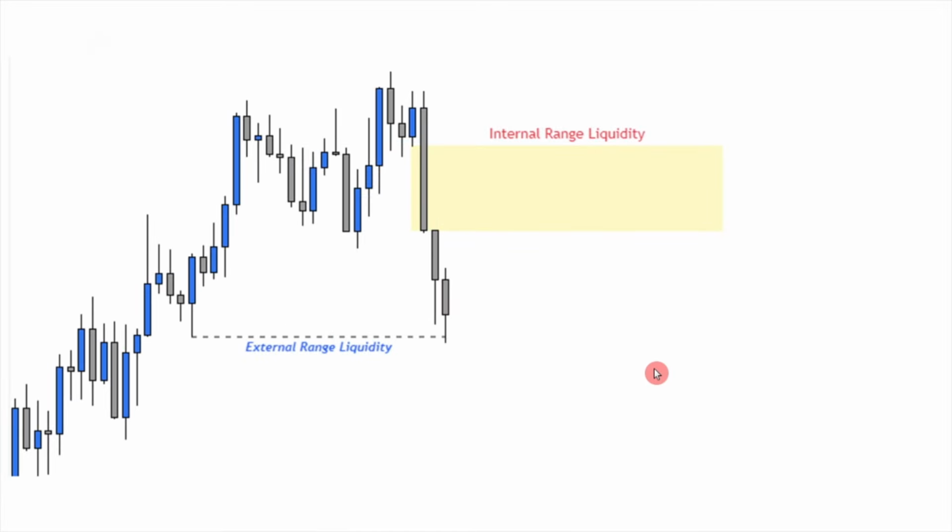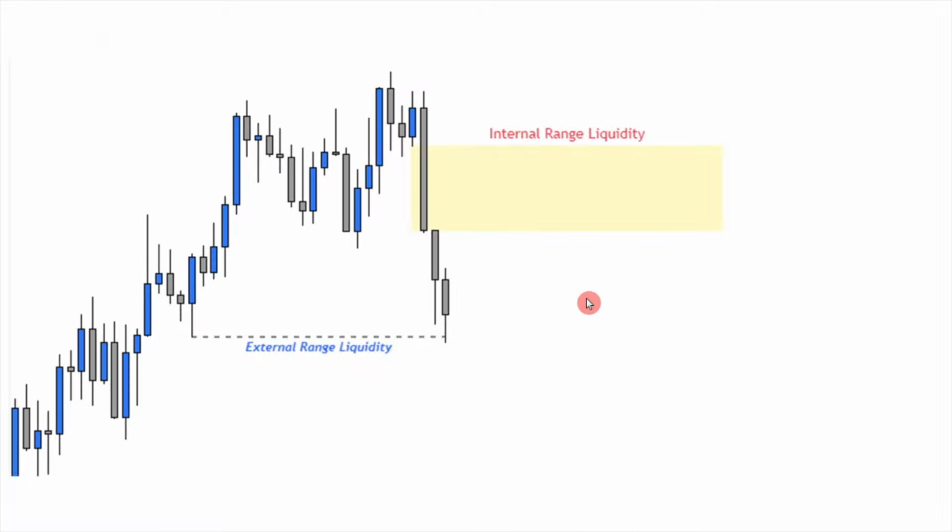Now, once we understand each individually, the next question becomes, how do they actually interact? The truth is that the market essentially operates in a repeating cycle, driven by two core objectives: take out liquidity resting at old highs or old lows, and return to rebalance inefficiencies inside the range.